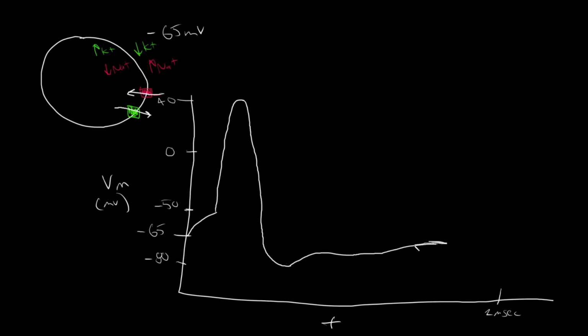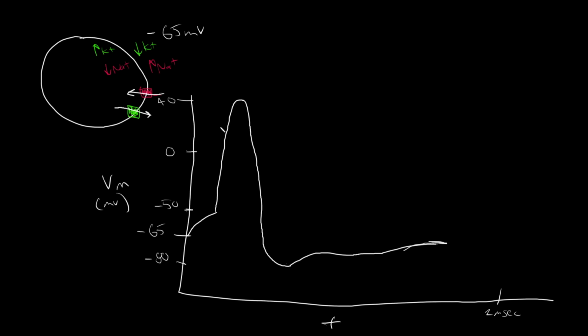Sorry, it's a little choppy, pretend that's 65. So, like I said, we have multiple phases here. We have depolarization enough to reach threshold for voltage-gated sodium channels. Depolarization, inactivation of voltage-gated sodium channels.